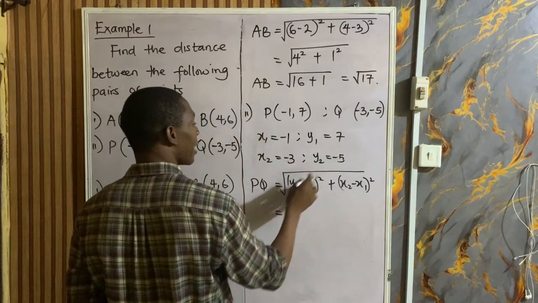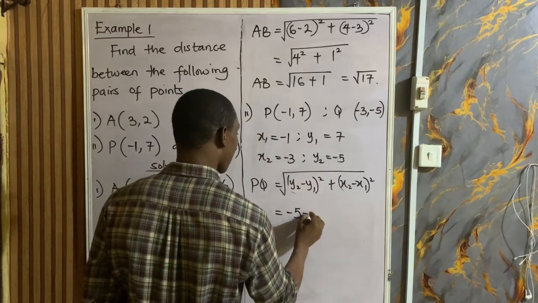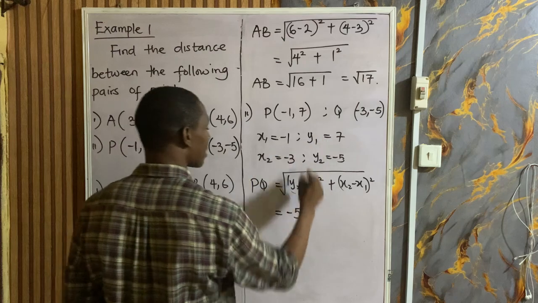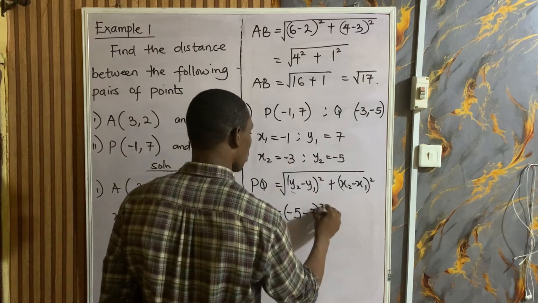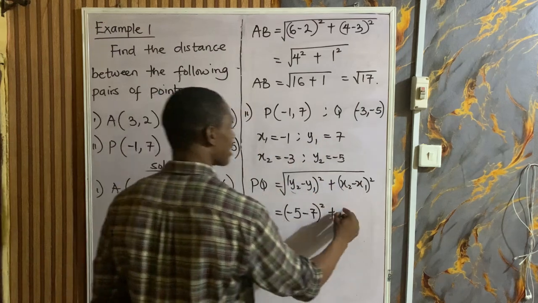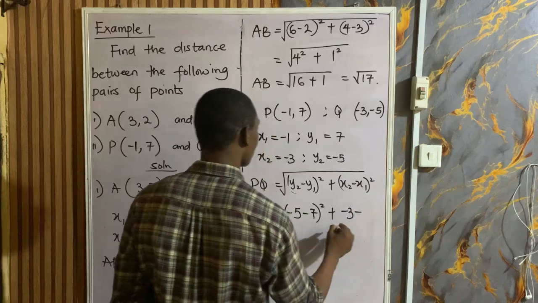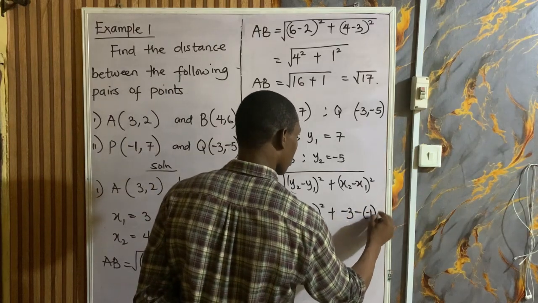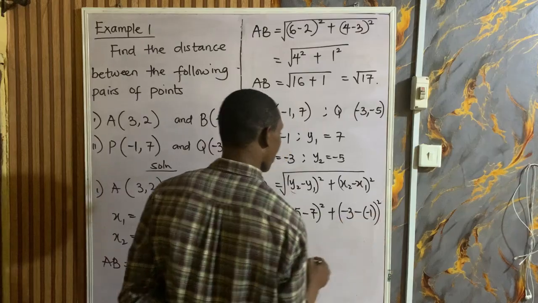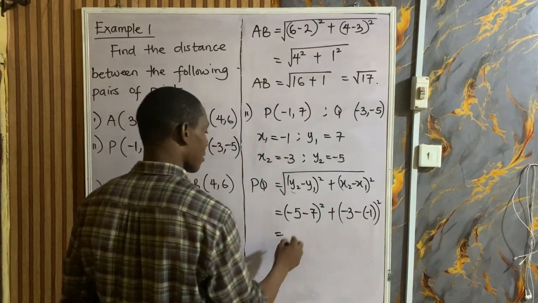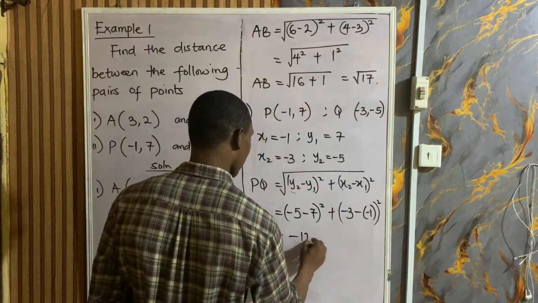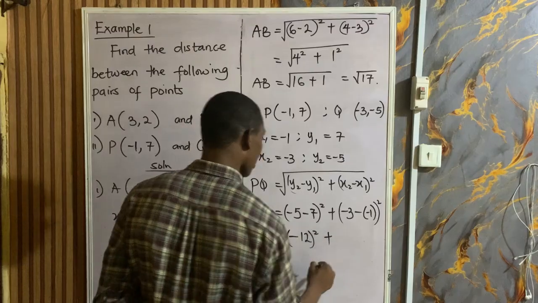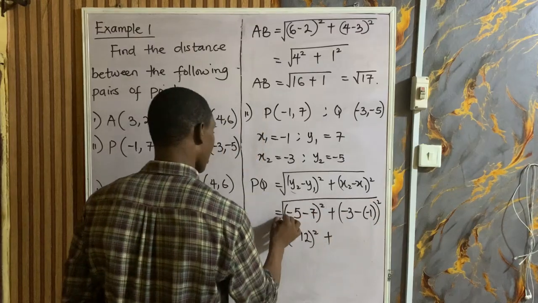So our y2 here is -5, minus our y1 here, which is 7, squared, plus x2, in this case -3, minus our x1 here, which is -1, squared. So this is going to give us (-12) all squared plus, please, our square root should still be there.